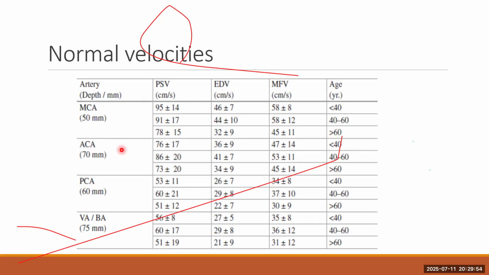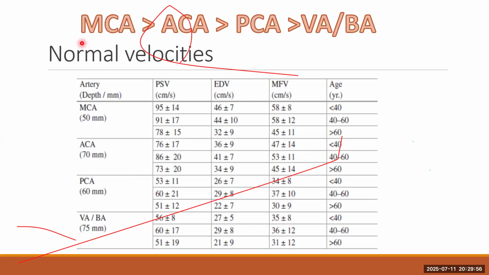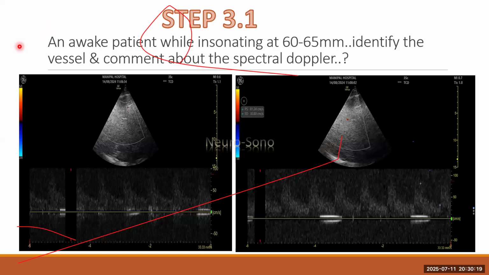The norm is MCA velocity greater than ACA, greater than PCA, greater than vertebral and basilar, and last but not least, greater than the internal carotid artery, the ICA. In a busy practice, while doing quick TCDs, if this order is maintained, we probably don't need to mind much. If this order is broken, that's when we need to think of some pathology which is present.